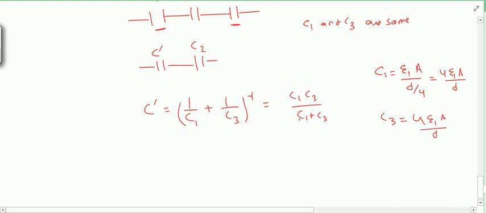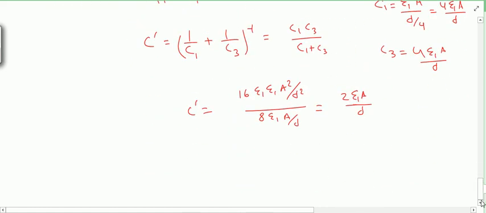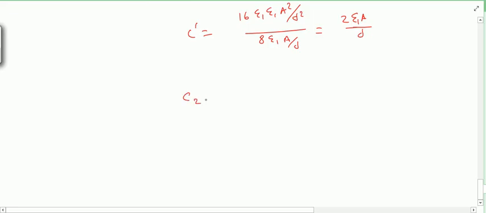So if I find C dash, the numerator becomes 16 epsilon 1 A square by d square, and if I add these two in the denominator, it will be 8 epsilon 1 A by d. You can simplify this as 2 epsilon 1 A by d, right? And for C2, it will be epsilon 2, the area is the same, the distance is d by 2, so it will be 2 epsilon 2 A by d, right?